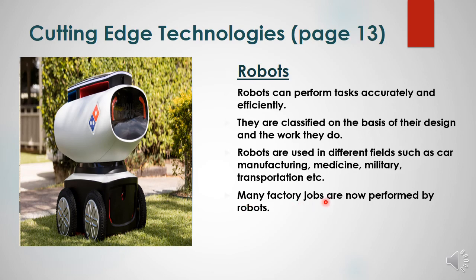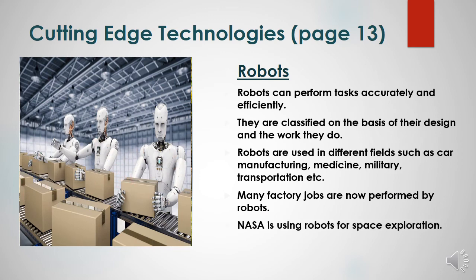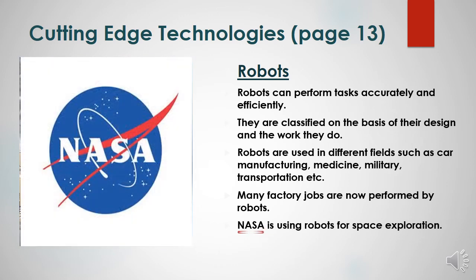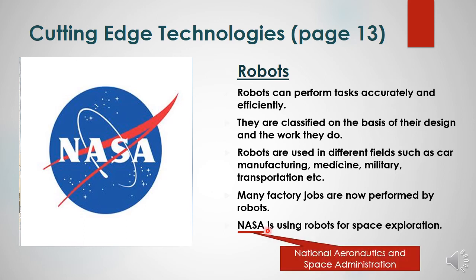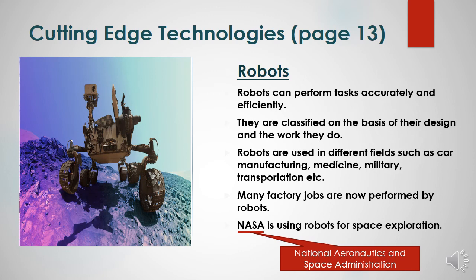Many factory jobs are now performed by robots, as you can see in this image. NASA is an abbreviation of National Aeronautics and Space Administration. NASA is using robots for space exploration.